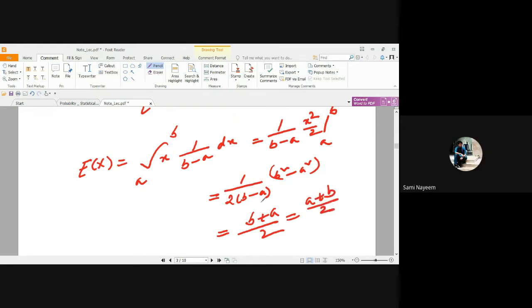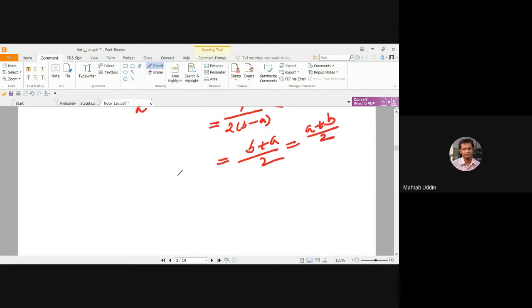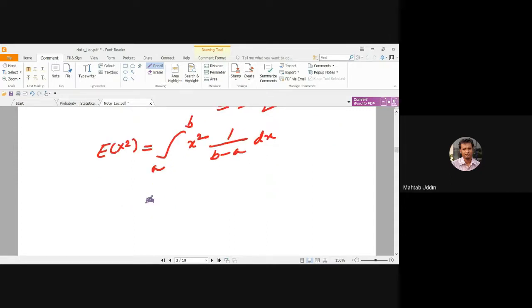Yes, sir. Now the expectation of x square. What is the expectation of x square? Once again from a to b, but now x square times fx, 1 by b minus a, dx. Then we will find 1 by b minus a times x cube by 3, from a to b.